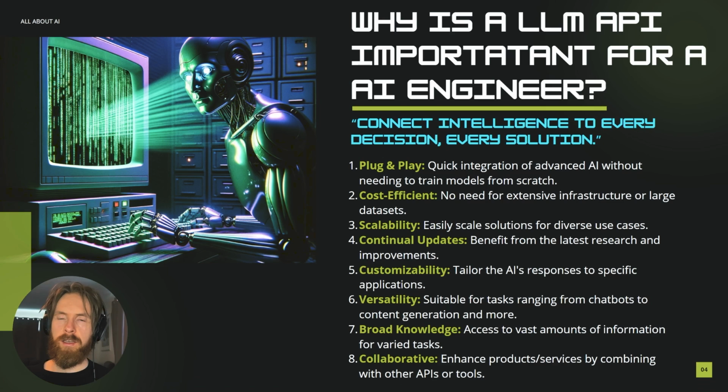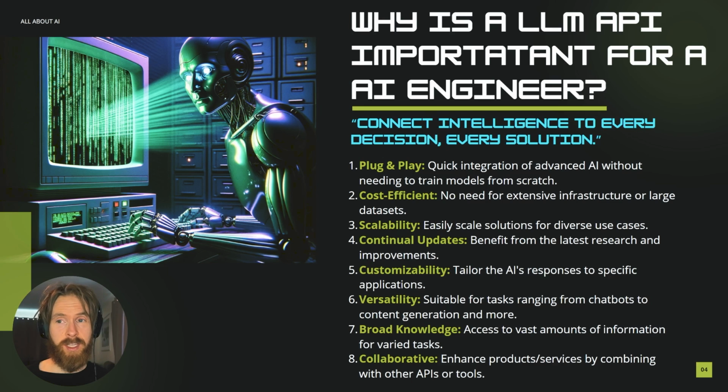You can combine everything with other APIs, so you can combine GPT-4 with some other API, and from this you can create a lot of different tools, services, apps. Yeah, you get it. And I think all of this is why LLM APIs are so important for an AI engineer. It's kind of in the middle of everything now.